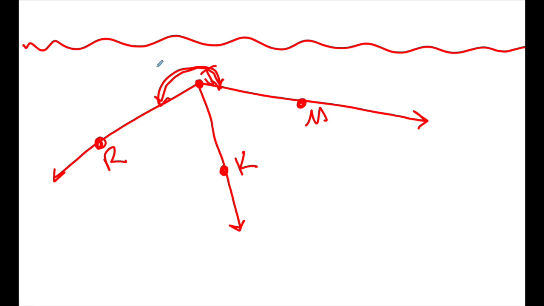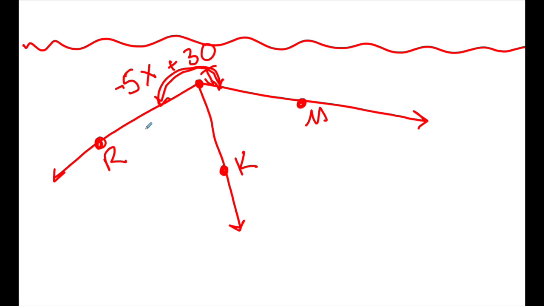The whole angle RJM has a measurement of negative 5x plus 30. Okay? Negative 5x plus 30.